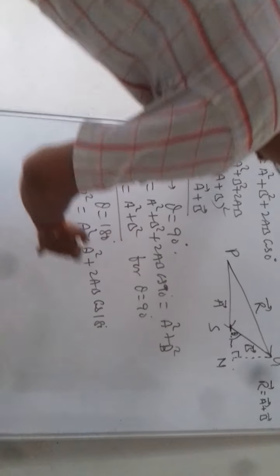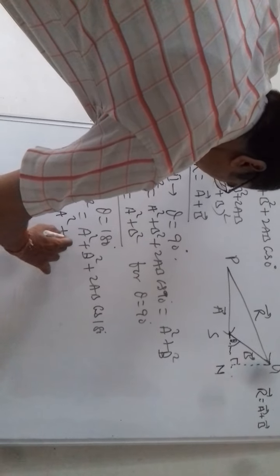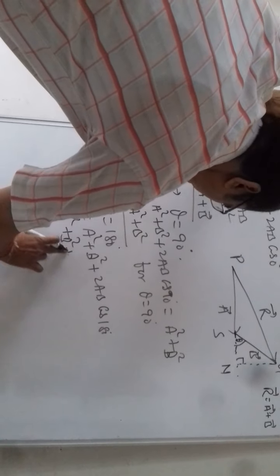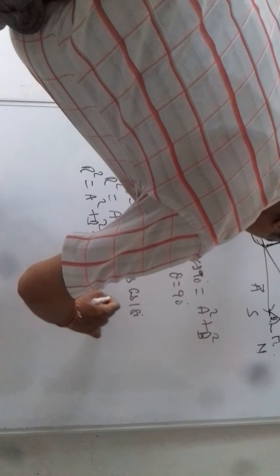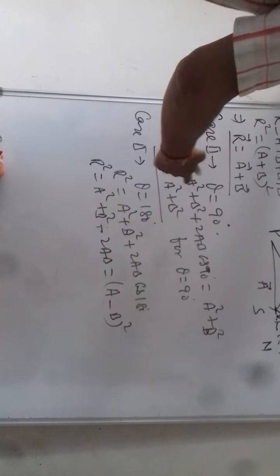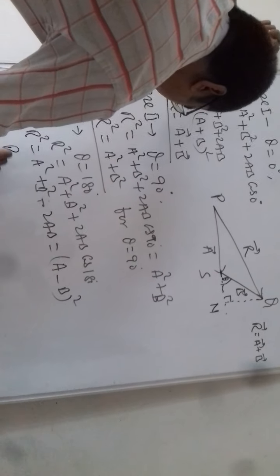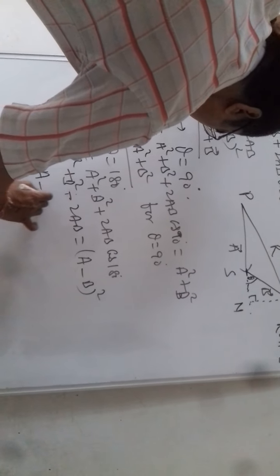So we observe R square is equal to A square plus B square minus 2AB. So we can write (A minus B) whole square. Here (A plus B) whole square and here (A minus B) whole square. So we can write R is equal to A minus B.